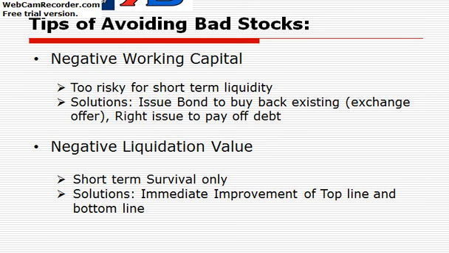What is the solution? The solution is of course improvement of the top line and the bottom line. Increase sales in order to increase profit. How about just increasing sales but profit not improving?